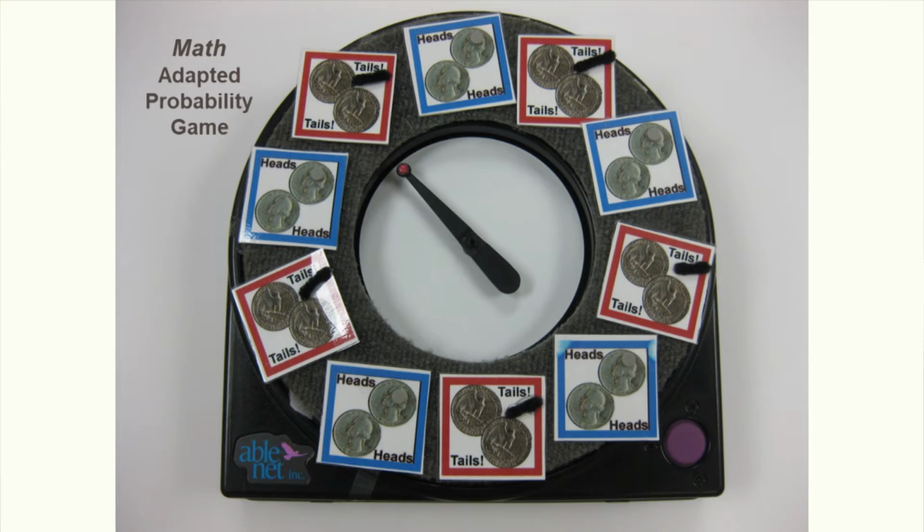Here's a math probability game using the switch, heads and tails. And then you could easily do charts and graph how many times did we get heads, how many times did we get tails.